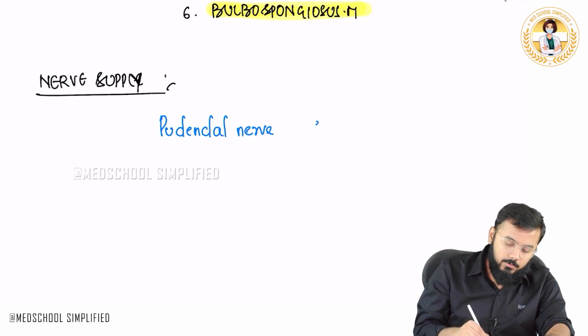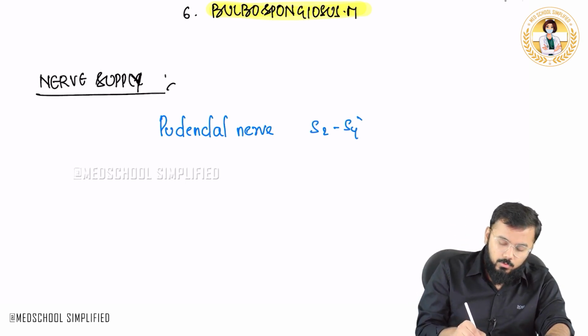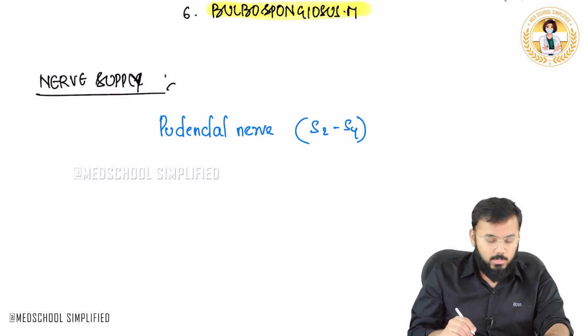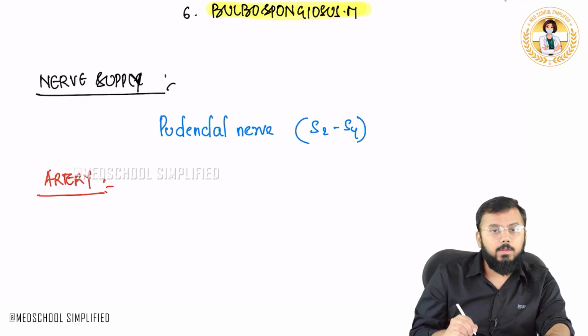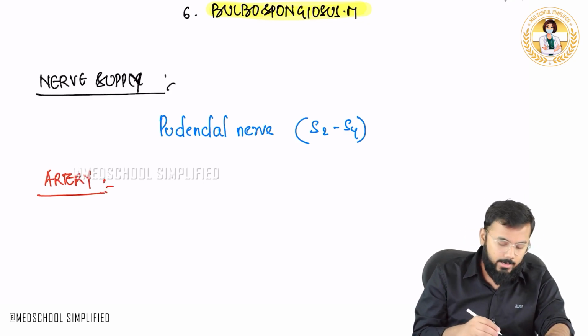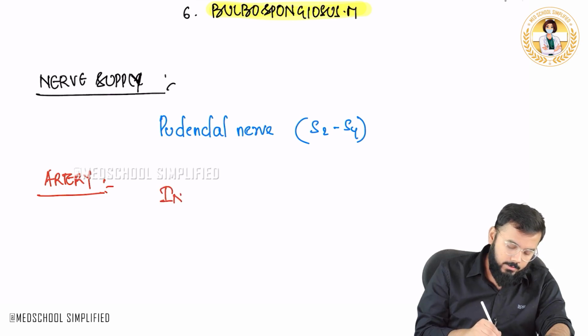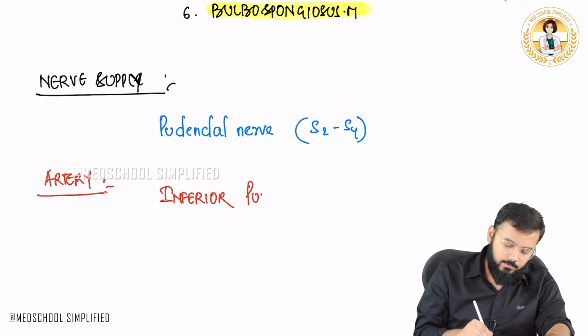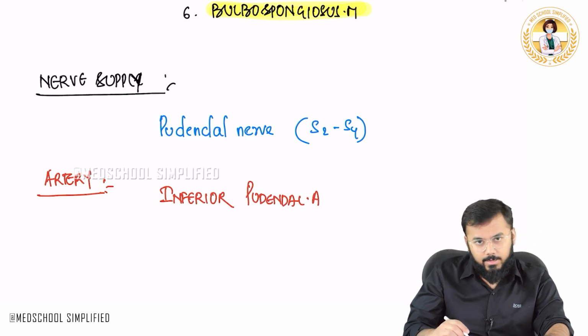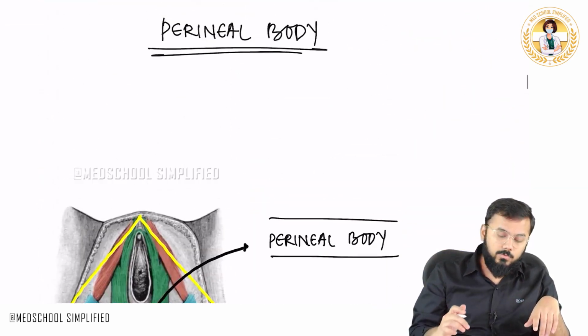Okay, so what is the nerve root? S2 to S4. That is the pudendal nerve root. Now next, what is the artery over here? That is your inferior pudendal artery.